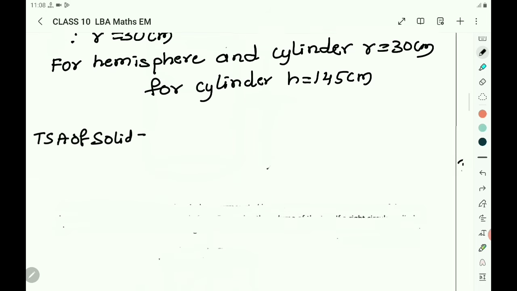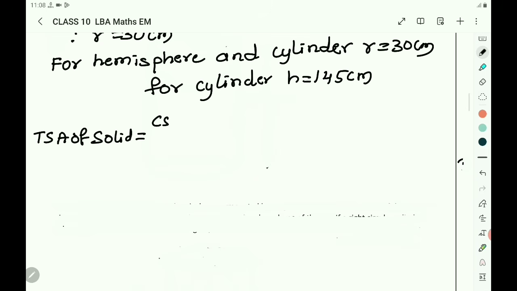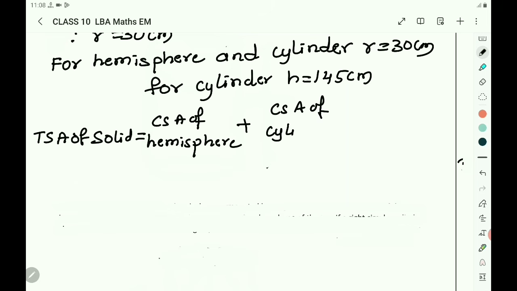Then you write CSA of hemisphere plus CSA of cylinder plus area of circular base. Area of circular base.